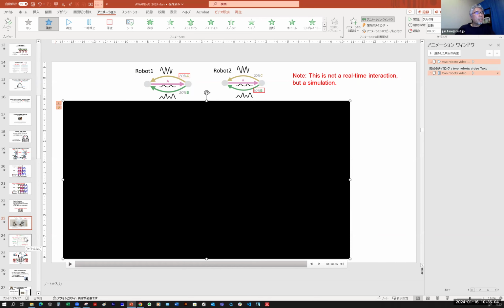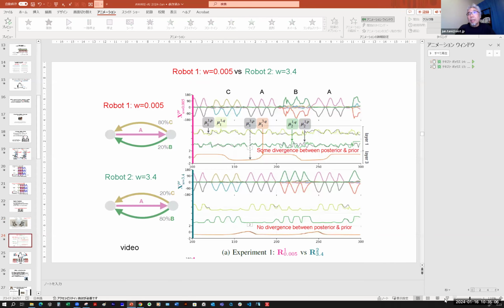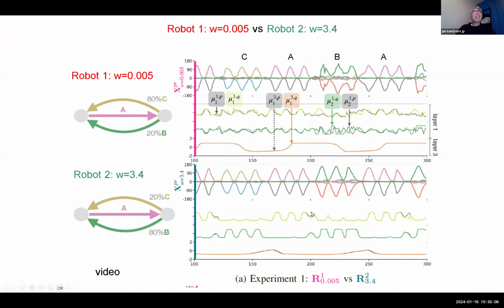Now I'd like to show how the internal representation is developed. This is a case where robot 1 is set with small w and robot 2 with large w.